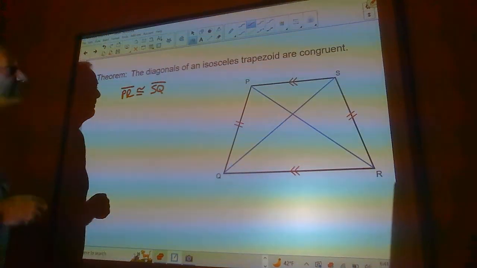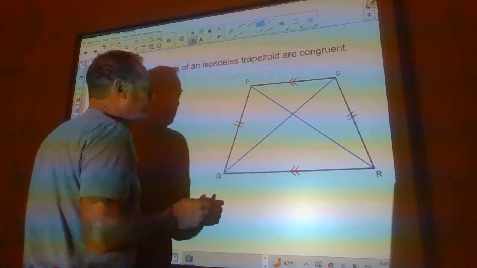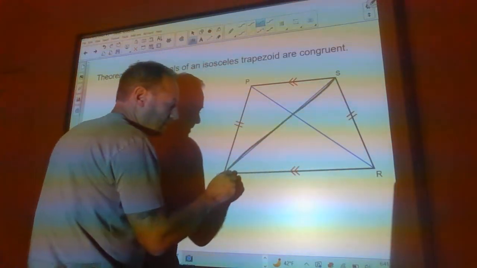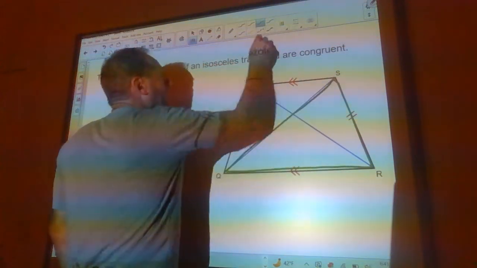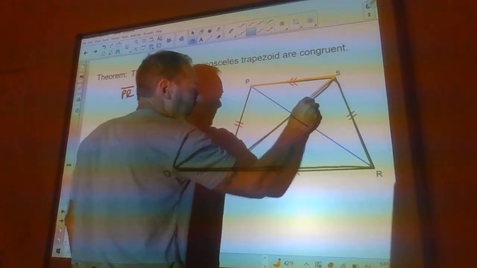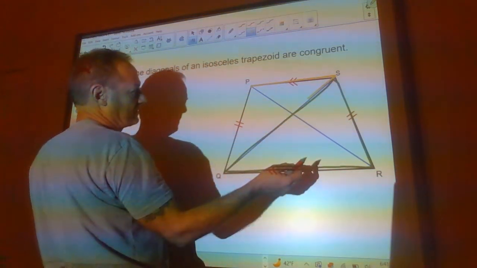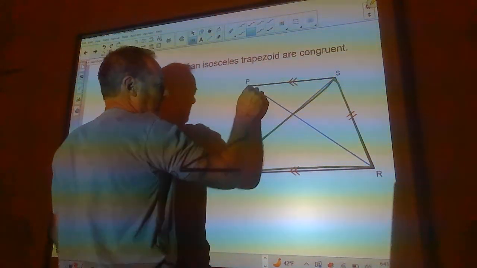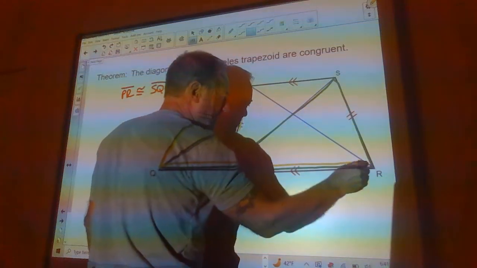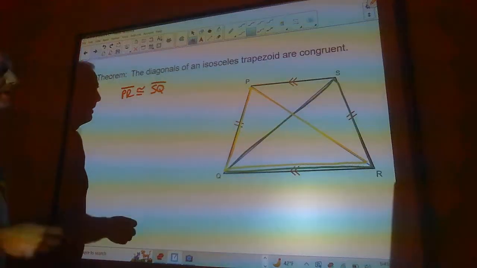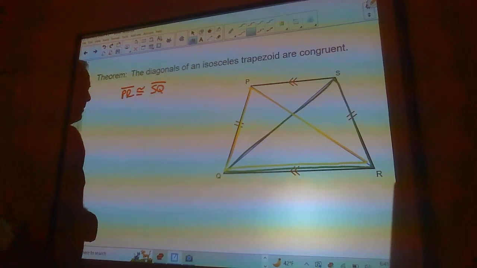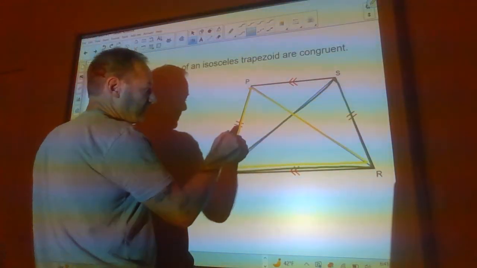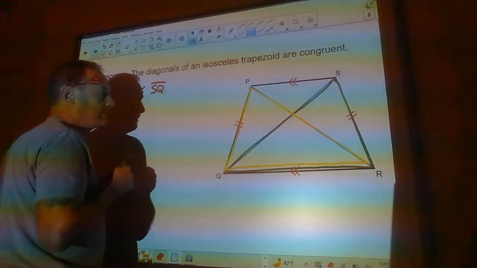We could prove that pretty simply. We could look at this triangle right here, and we can compare that to this triangle. Not that one. Let's try this one. We can prove that those two triangles are congruent because these two sides are already equal to each other.